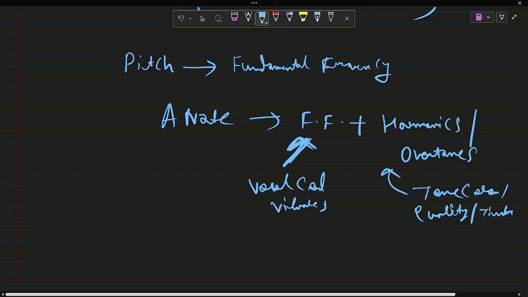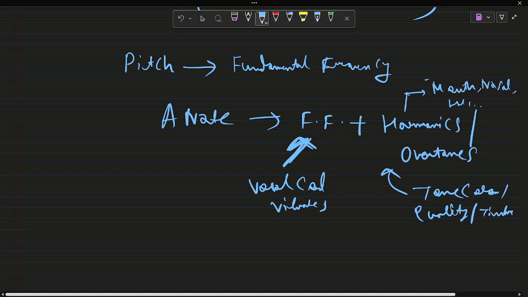This kind of frequency boosting happens due to the cavities in your mouth or nasal passages, or, for an instrument, the hollow portion of the instrument, which boosts some frequency regions in the harmonics.